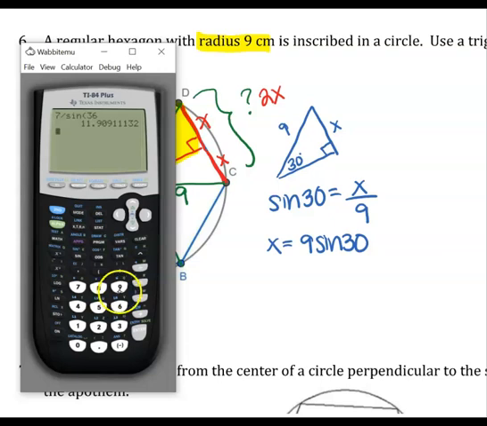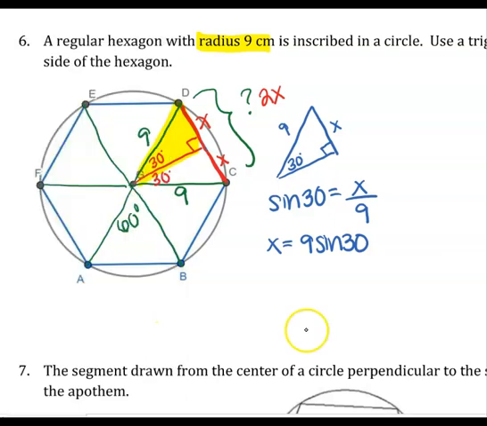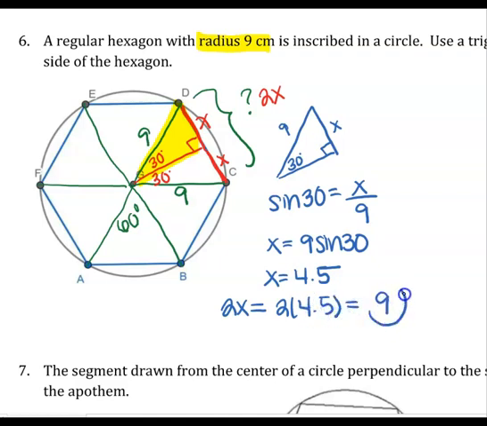And then go to my calculator. I end up with 4.5. Now at the end of the day, I wanted the entire length of the hexagon, so keep in mind we're going to do 2x, which means 2 times 4.5. So that means the side length is 9.